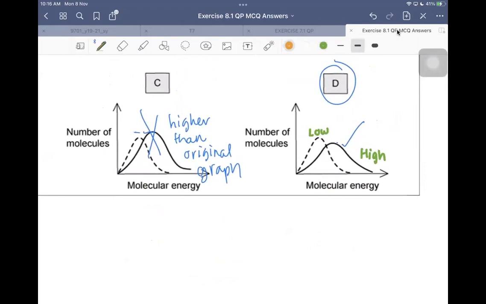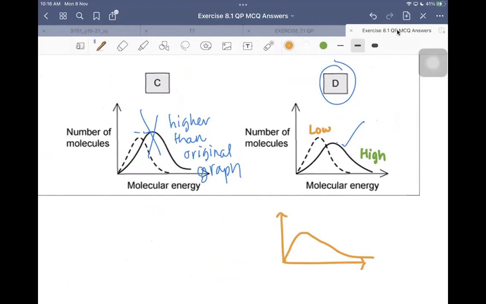Okay, so what happens when I have, maybe I'll change the color low. So this is my Maxwell-Boltzmann distribution curve at low temperature, okay, in orange. And then I increase the temperature, right?